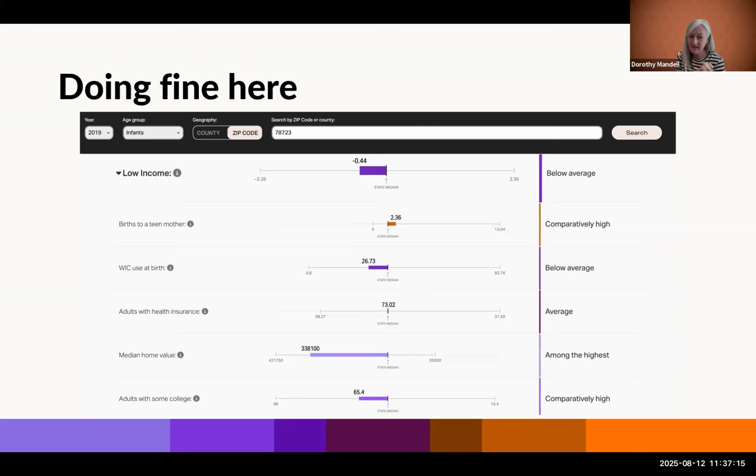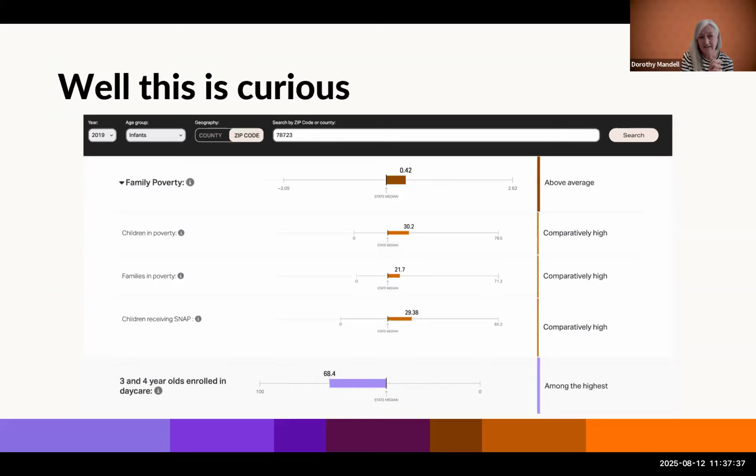Very high median home value tells you the people who are owning homes actually are doing pretty well financially within this community, and also a very high level of adults with college degrees. 65% of the adults living in this zip code actually have college degrees. So let's go to the next slide, which is curious, because now we also have the metrics associated with the number of families who are in poverty in this community, which is also high.